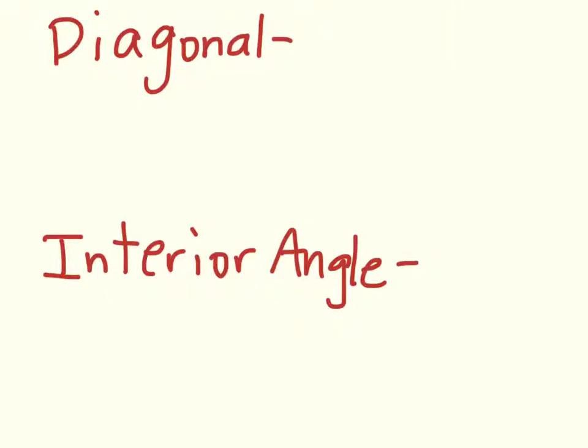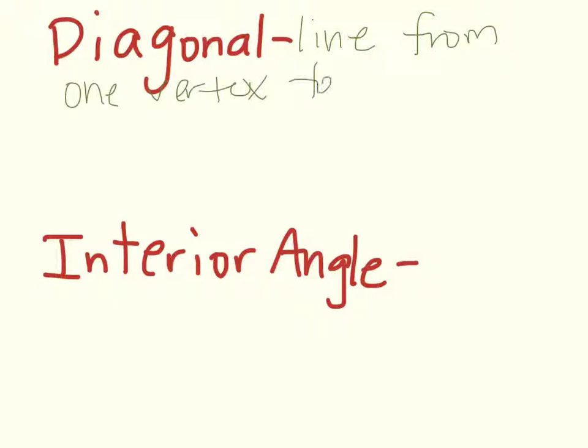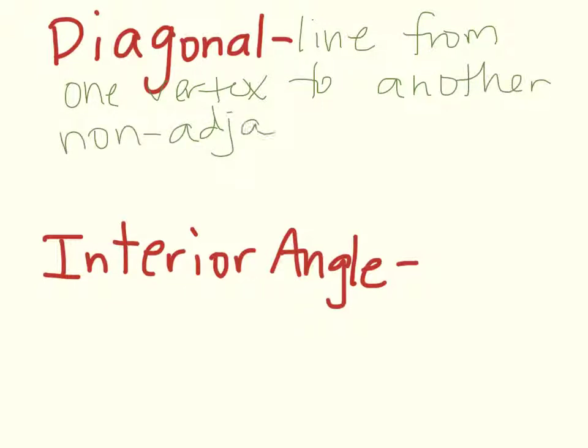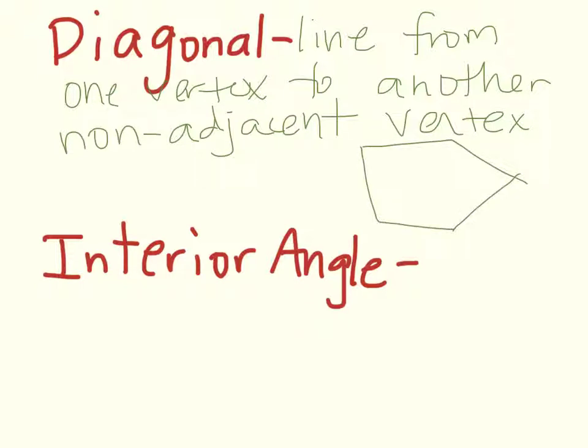Now when we talk about the diagonal of a shape, the diagonal is a line from one vertex to another non-adjacent vertex. So if we think about a polygon, 1, 2, 3, 4, 5 sides, here's a vertex of the polygon.